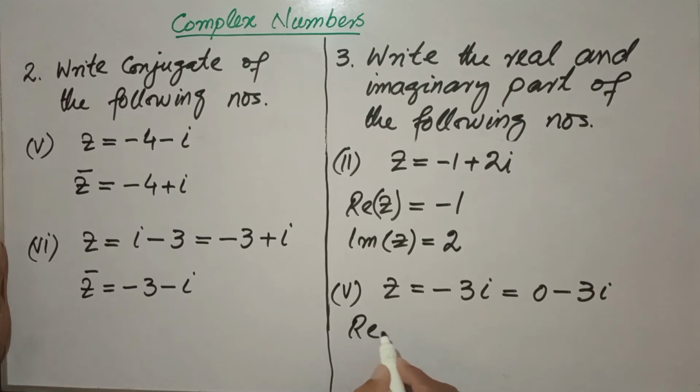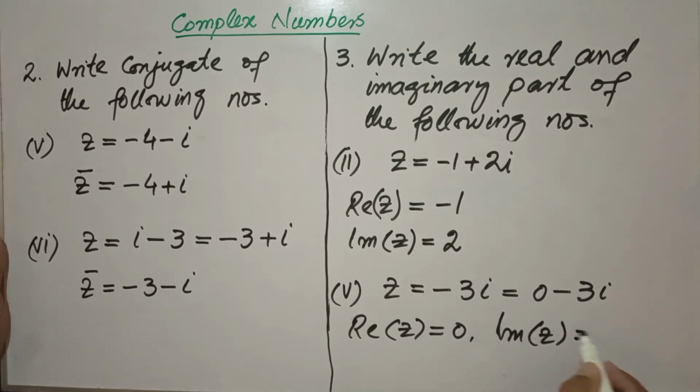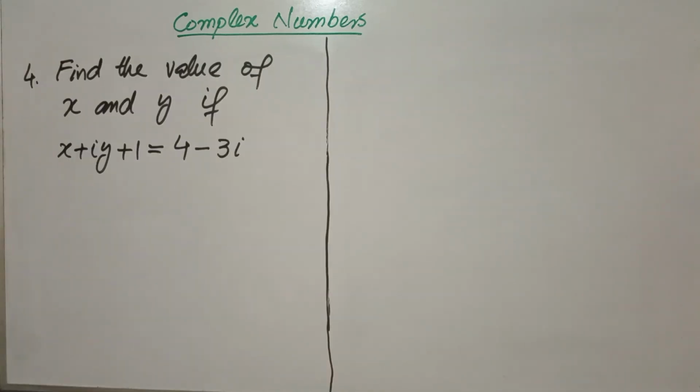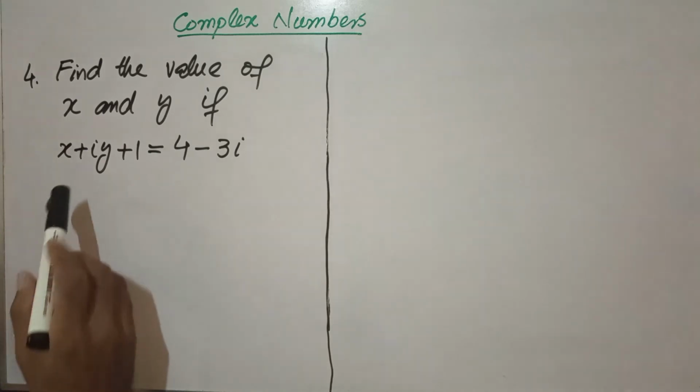So the real part is 0, since there is no real part, and imaginary part is -3.